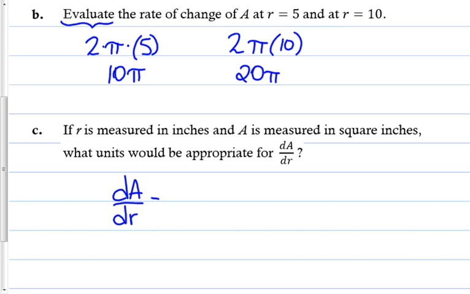Now, they're telling me that area is measured in square inches, right? And they're telling me that the radius is measured in inches. So for area, the units are still inches squared.